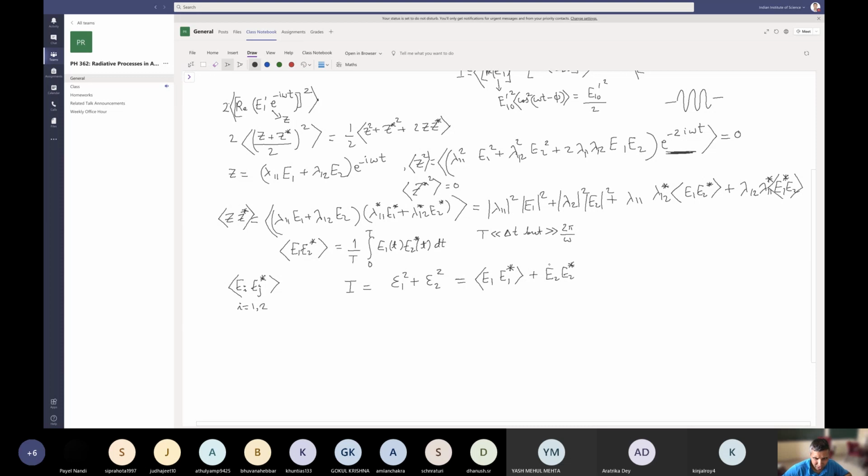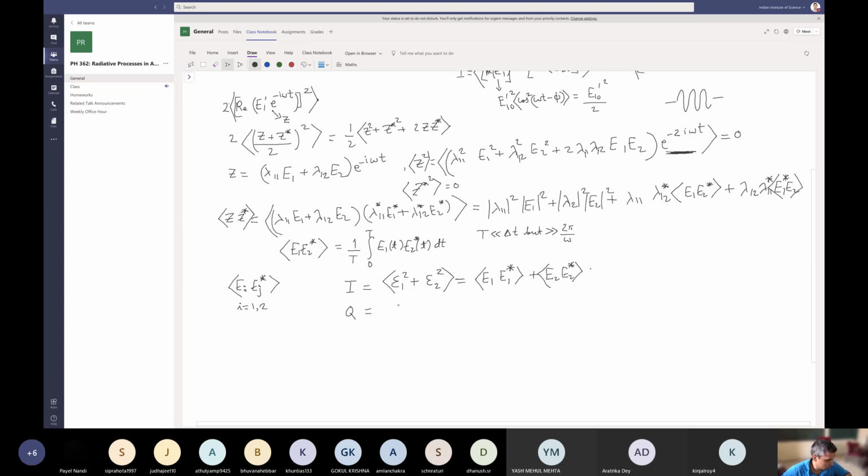This is the Stokes I for this quasi-monochromatic wave. The main difference here is just that these triangular brackets appear, because these amplitudes are slowly varying in time.